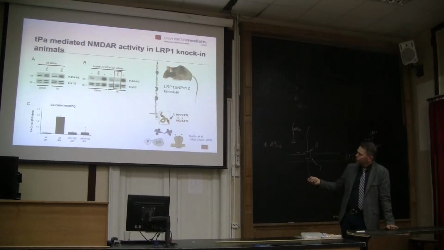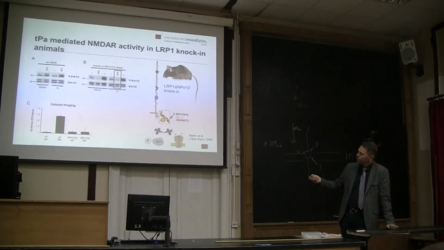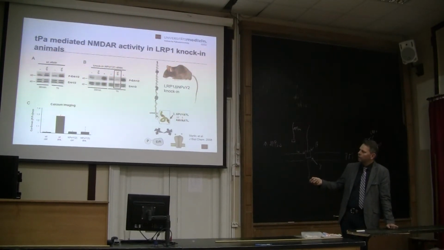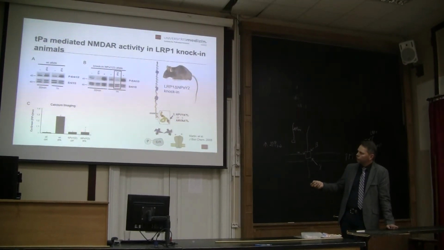And the same was true with the calcium imaging. So this was again MAP kinase activation, and here we measured again in neurons, calcium imaging, wild type, TPA treatment. Wild type neurons showed a lot of calcium influx, and then the delta NPXY2 neurons showed very little calcium influx in these cells.